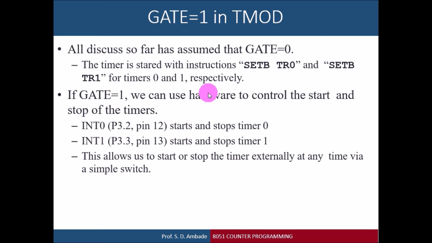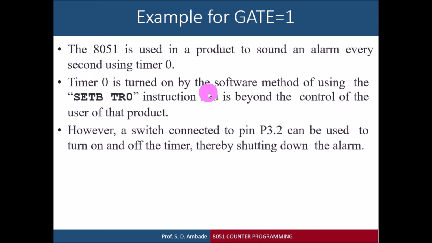Meaning if we connect a simple switch to pin P3.2, which is the INT0 pin, by turning that switch on or off, we will be able to start and stop timer 0. Similarly in the case of timer 1. This is the example for GATE equal to 1. The 8051 is used in a product to sound an alarm every second using timer 0.